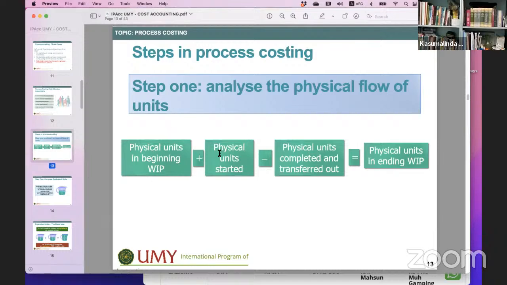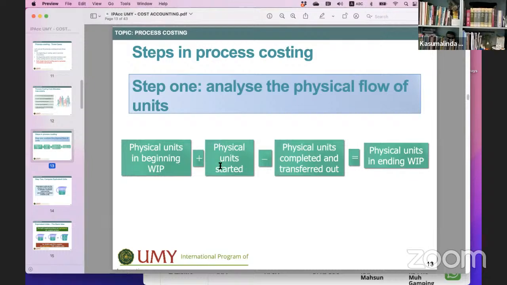At the end of the month, the two types of units processed here will become either completed units or still not completed units, which we call work in process. If completed, we call it units completed and transferred out. If still not completed, we put it in ending work in process.